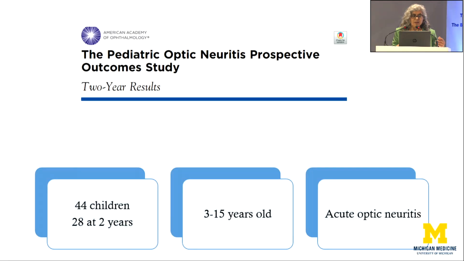If you look at the North American experience, the Pediatric Optic Neuritis Prospective Outcomes Study recruited all incoming children with acute optic neuritis. There were 44 children recruited, and the incidence is kind of low, therefore the smaller number.